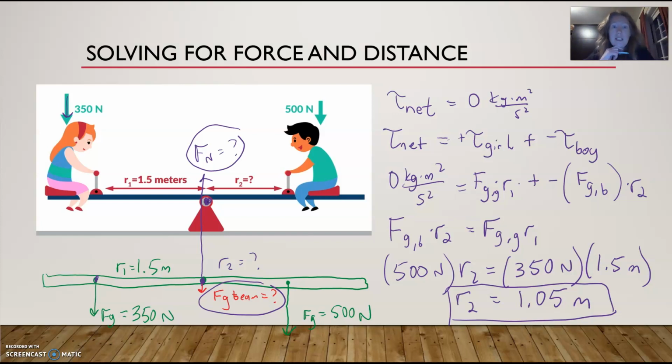But it would be really easy to say the normal force is going to have to cancel with the 350 and the 500, so it's going to have to be 850 up. Okay, so just keep in mind, don't forget about that force, that it's important. It's just not causing torque if we're analyzing this from the perspective of the fulcrum.